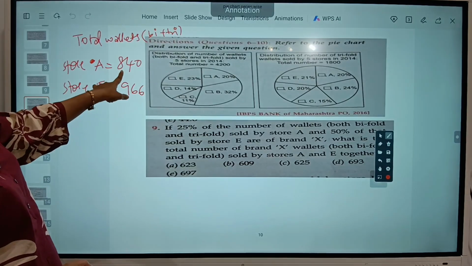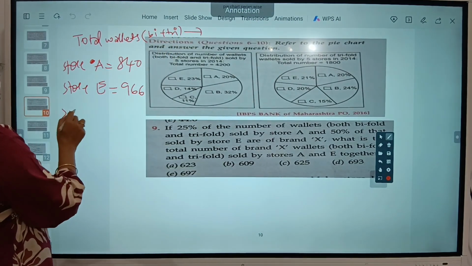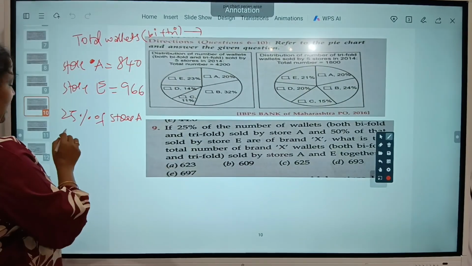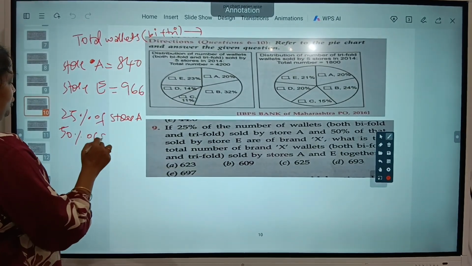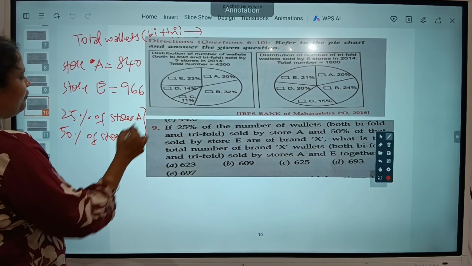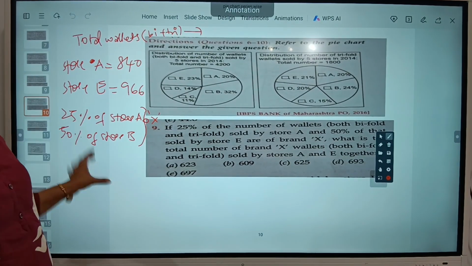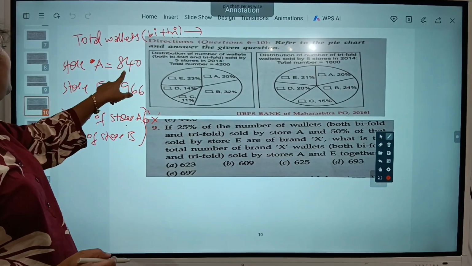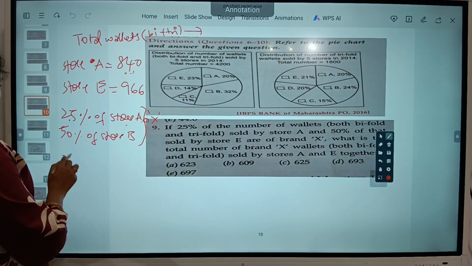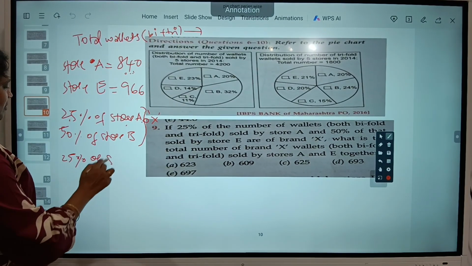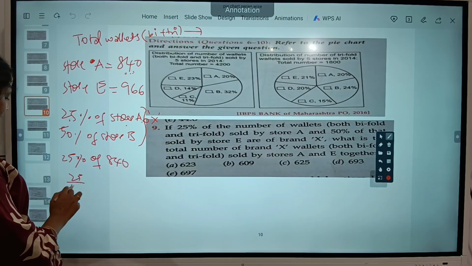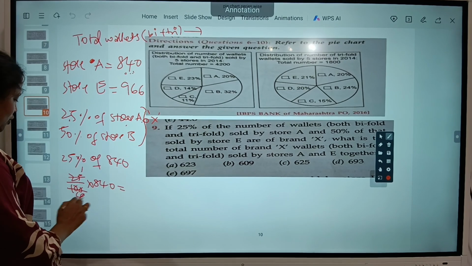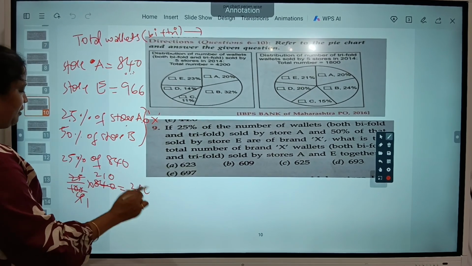Okay. So in this brand X, 25% of store A and 50% of store E are of brand X. So how many wallets are there total in brand X? That we have to find out. So 25% of store A means 25% of 840, which is equal to 25 by 100 into 840. So it is 210.